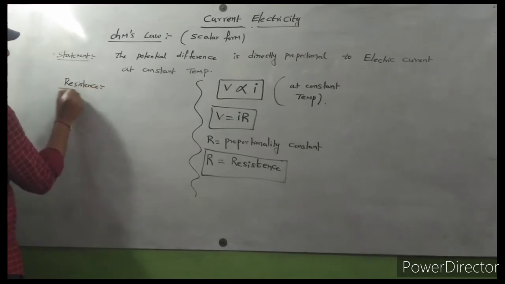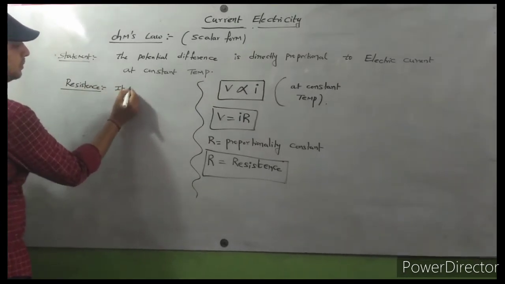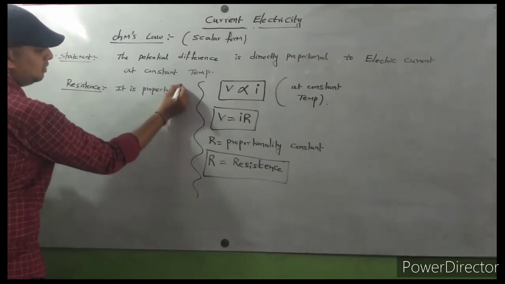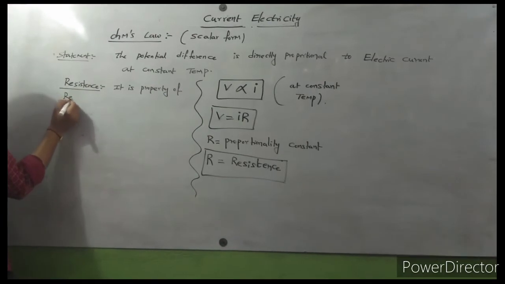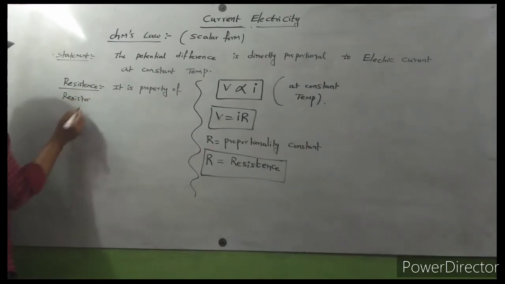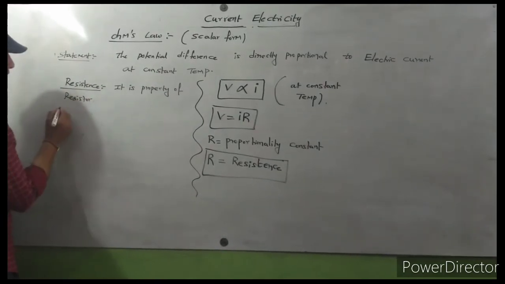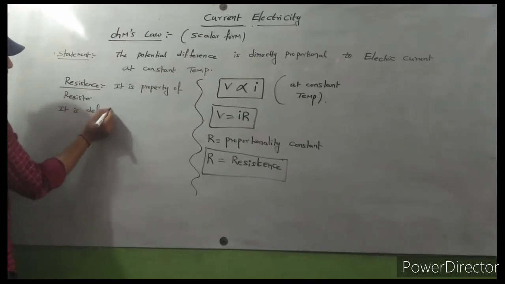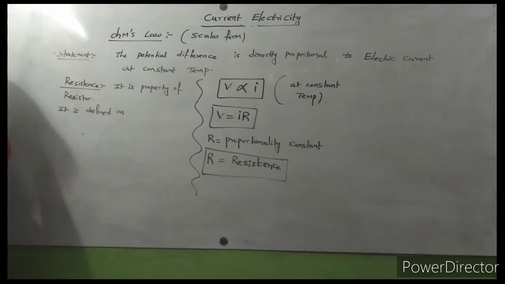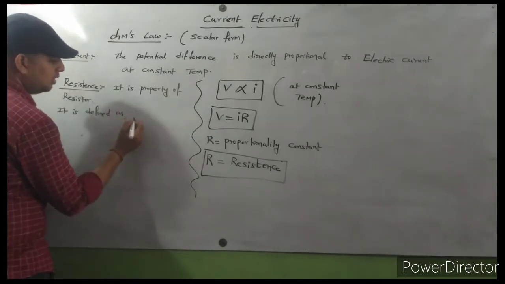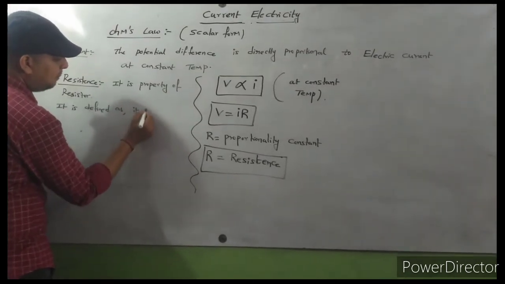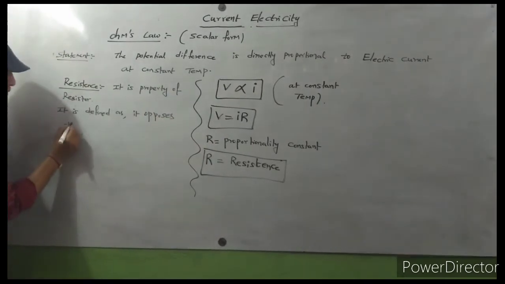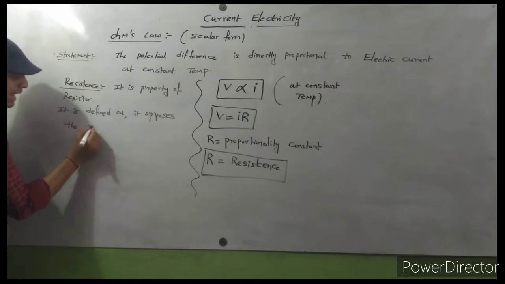Resistance is a property of a resistor. It is defined as it opposes the electric current.